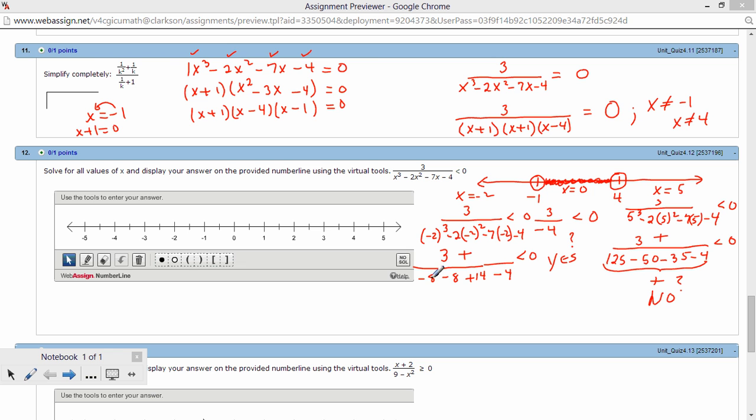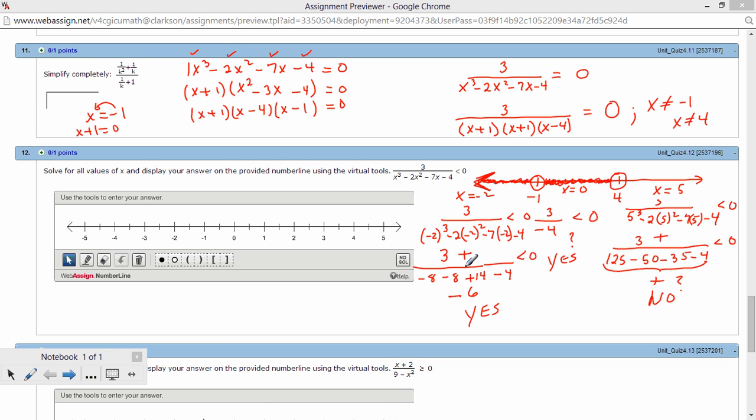The denominator is minus 8 is minus 16, minus 4 is minus 20, and minus 20 plus 14 is still minus. In fact, it's minus 6. So 3 divided by minus 6, is that less than 0? Yes, it is. And so numbers below negative 1 will work.